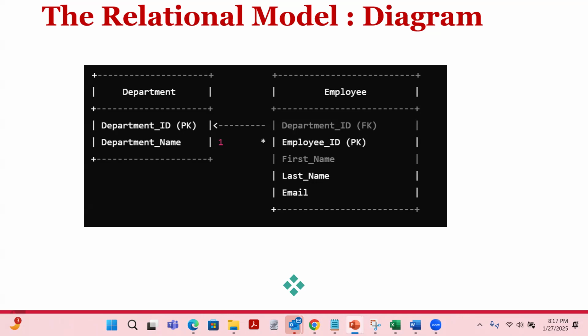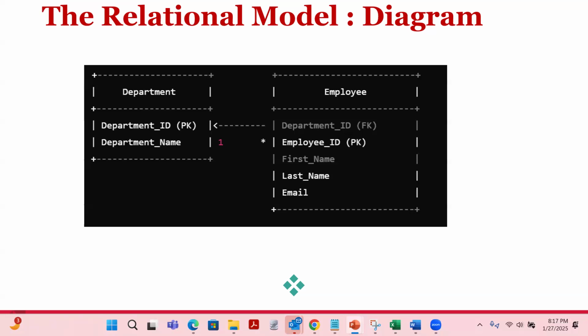In this notation, we can see that a star near employee represents that one department can have multiple employees, but an employee can belong to only one department. So one here represents that an employee can only work for one department. Right. So that was a relational data model represented in the form of a diagram.